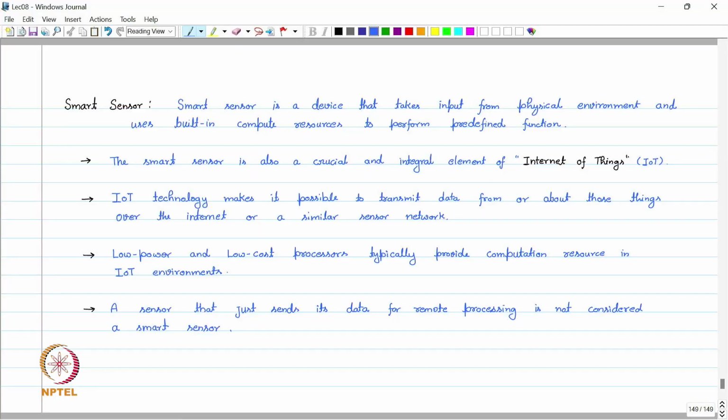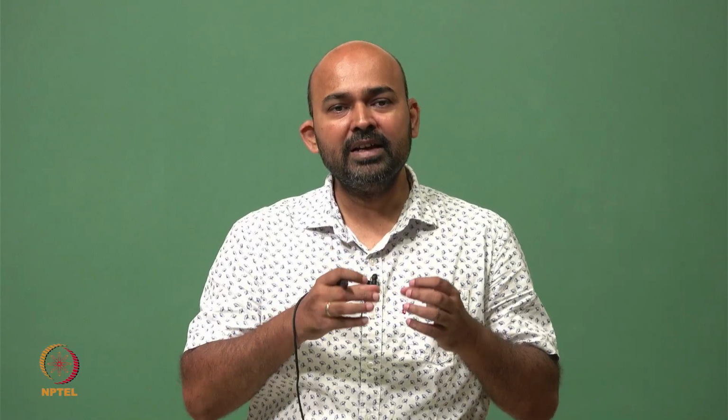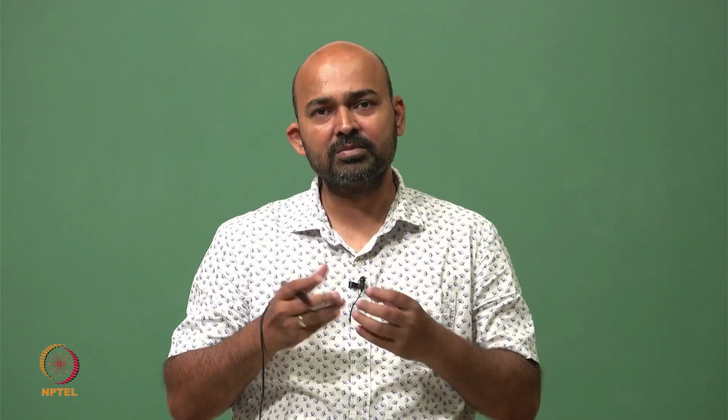A sensor which just senses the environment, converts it into the electrical domain and just sends it to the remote location for processing does not process any data inside. It's not called a smart sensor. A smart sensor is the one which accumulates the data and processes the data using built-in algorithms and then transfers it to the remote location. That is a smart sensor. If it does not process any data within itself, then it is not considered a smart sensor.